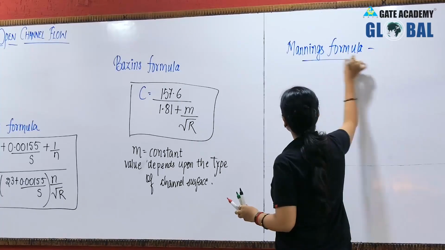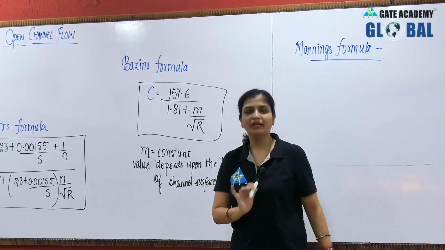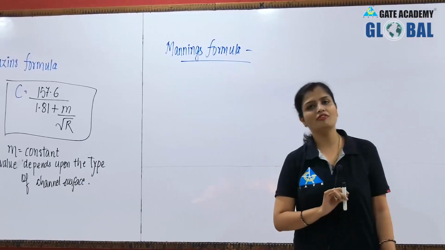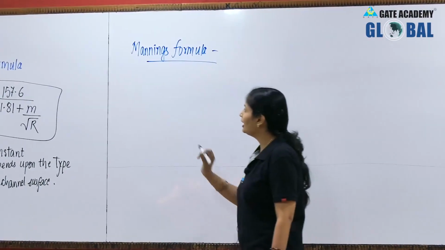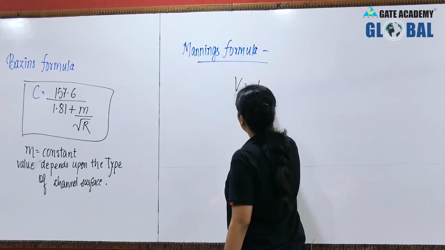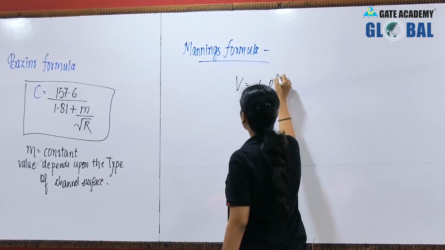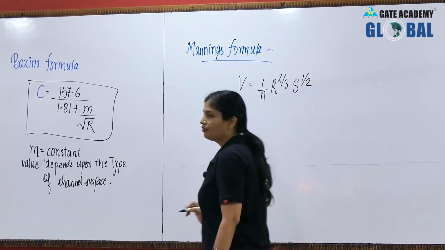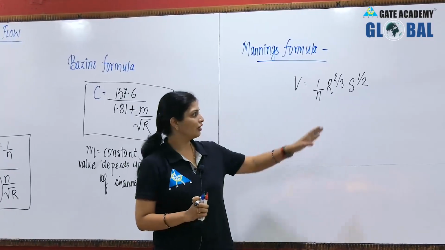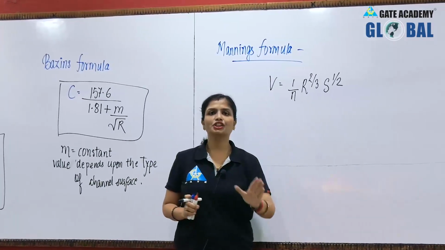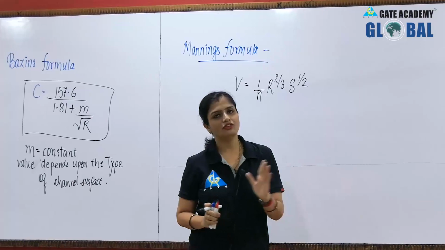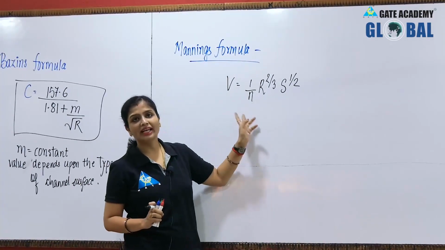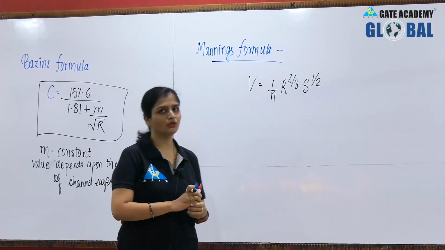The expression for calculating average velocity is V = (1/n) R^(2/3) S^(1/2). Here R is your hydraulic radius, that is the ratio of wetted area to wetted perimeter. S is your slope and n is your Manning's roughness constant or coefficient.